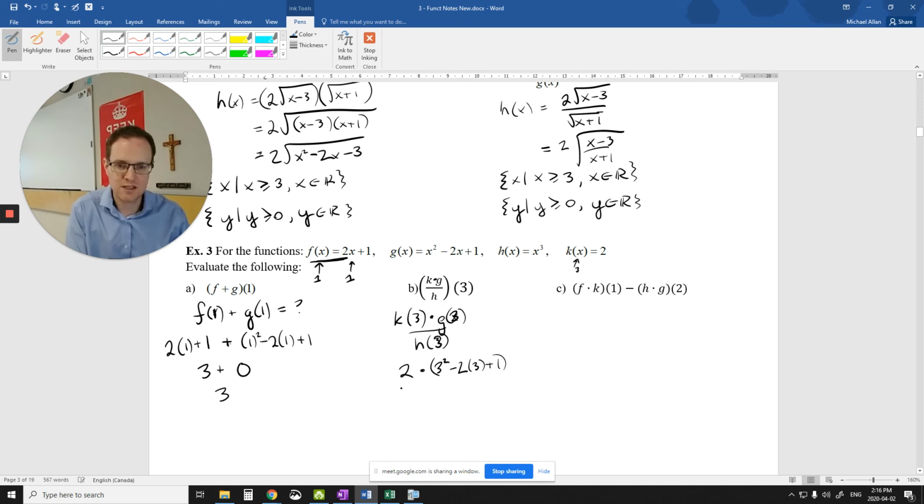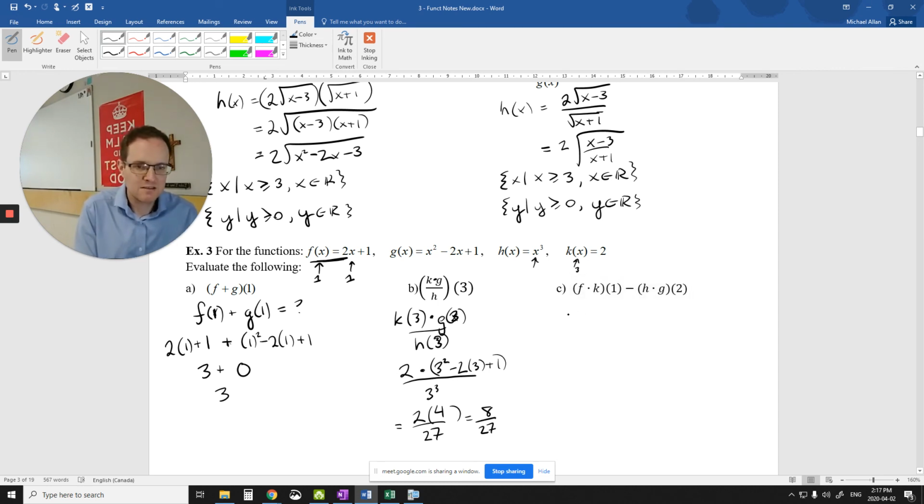I'm going to divide it by h. h is x cubed, so this would be 3 cubed. So I got 2 times 3 squared, which is 9, minus 6 plus 1, so I got 4. On the bottom I get 27. So this would be 8 over 27. Can't simplify that down anymore, so we're done.